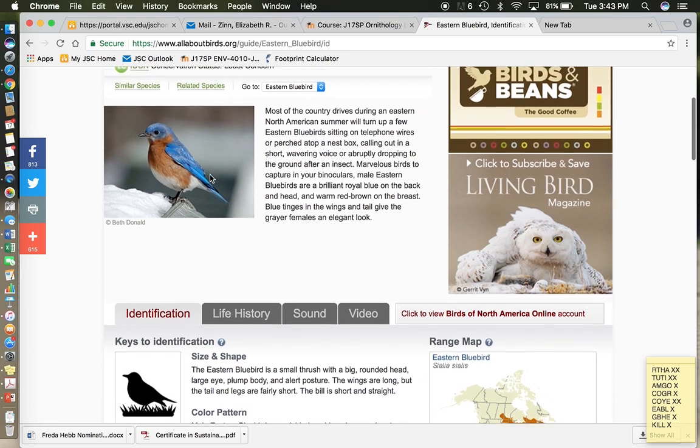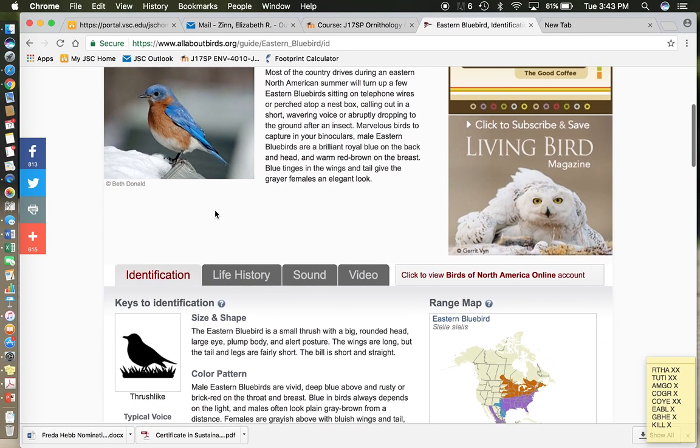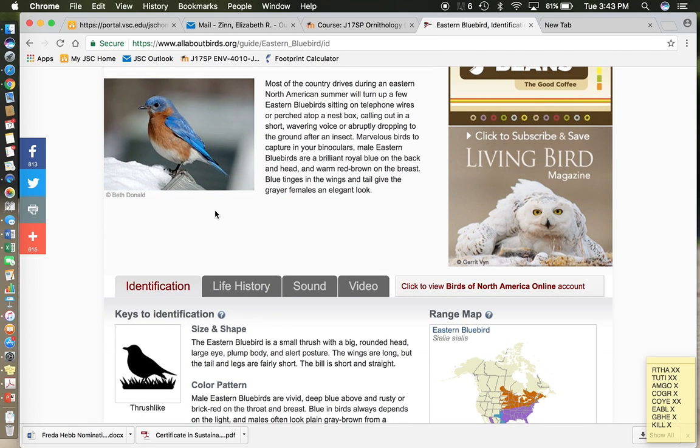And we haven't talked about that, but if you wonder why the males are usually the bright ones, it's because the females are often the ones that have to be in the most vulnerable place, being the nest. Being on a nest is a very vulnerable place to be. You're vulnerable, and also your chicks are vulnerable, and so you want to stay as camouflaged as possible on the nest.